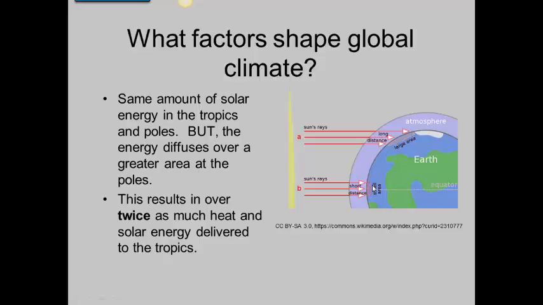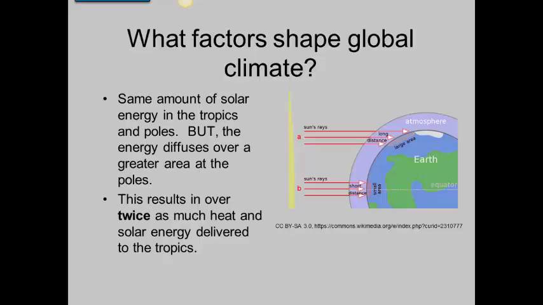Here we have the same amount of solar radiation directly reaching the tropics and diffusing over a smaller land area. This means that there's over twice as much heat and solar energy being delivered to the tropical locations, the areas close to the equator, as is being delivered to the poles, the northern and the southern regions of our planet.